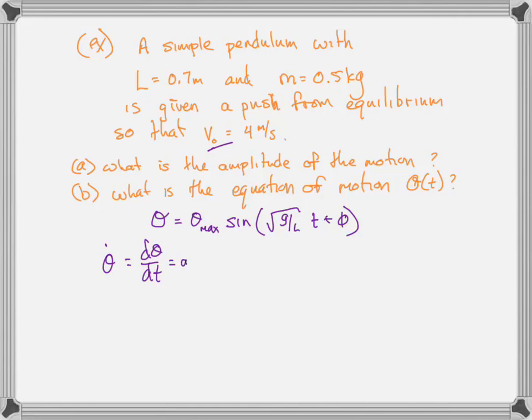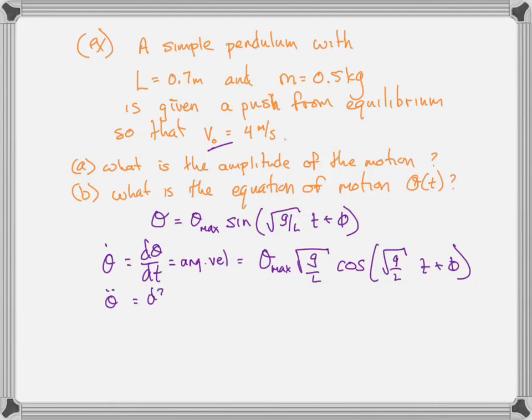Theta dot, d theta dt, which is the angular velocity, is the time derivative of this thing, which is theta max times the square root of g over L times the cosine of the square root of g over L t plus phi. And the second derivative, theta double dot, which is d squared theta dt squared, the angular acceleration or alpha, is minus theta max times g over L times sine.